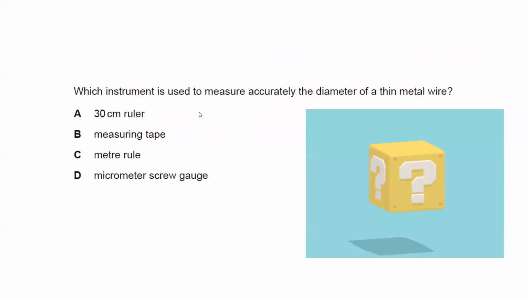Okay, another question. Which instrument is used to measure accurately the diameter of a thin metal wire? So there is a metal wire and we want to measure its diameter. Which one is the most accurate instrument or apparatus?